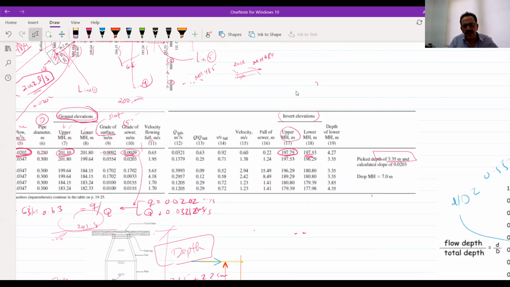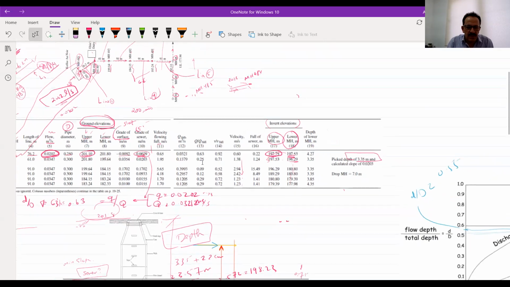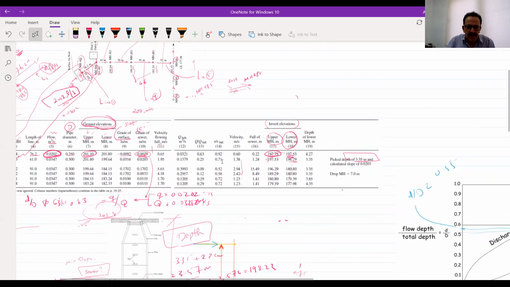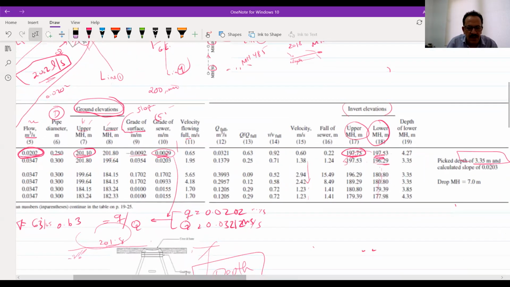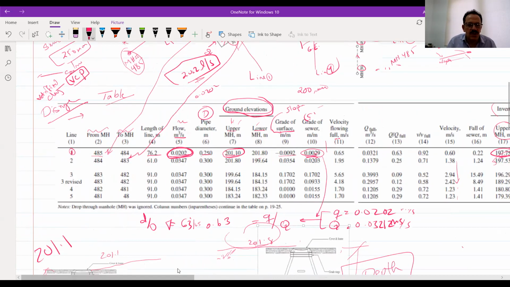Now, what will be the next design? The bed level of this manhole will come here, and after that we are going to follow the next procedure and check the velocity for the other sewers one by one. One point is that if we have a large differential between the levels, we have to make another kind of manhole, which is called a drop manhole.